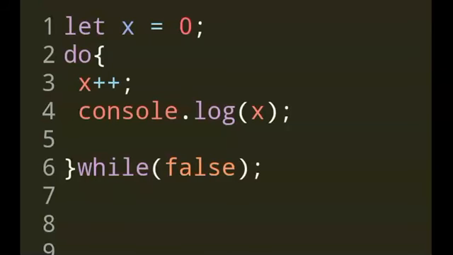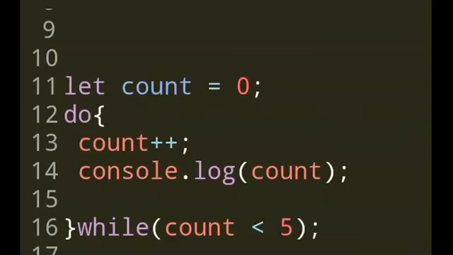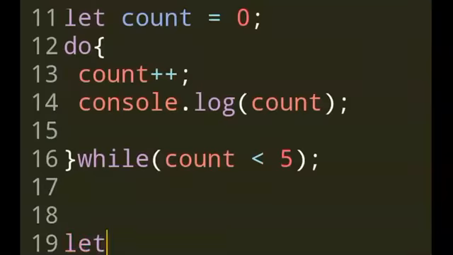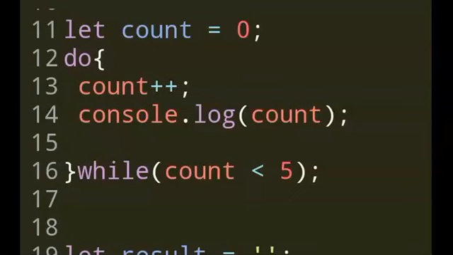Okay, let's consider another example. Let's consider this variable result. Result is an empty string, we haven't put anything inside it. Let's consider a variable i equal to 0, initial value.